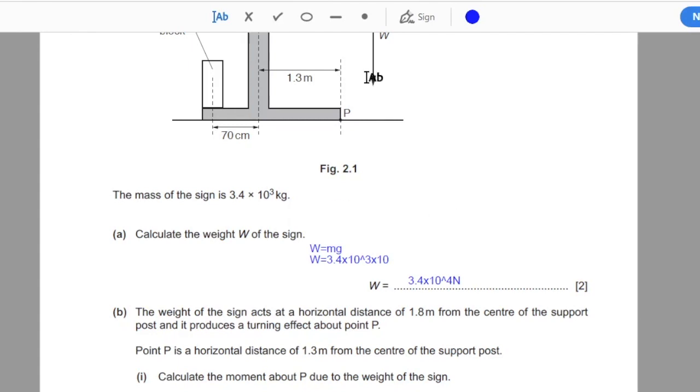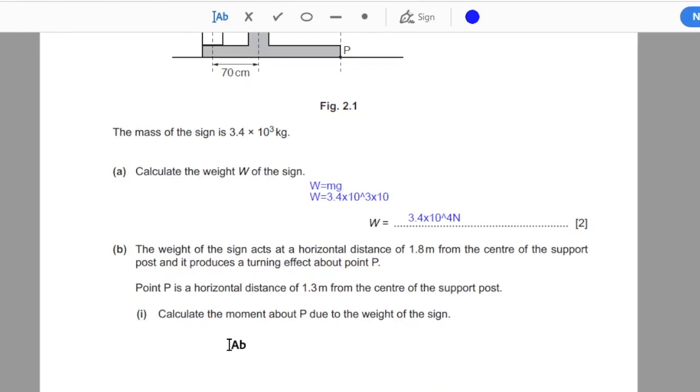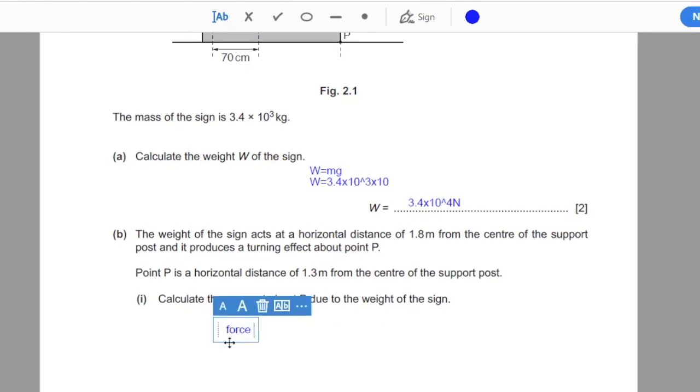So you have to take the perpendicular distance between the point W and point P. So their distance is 1.8 meters minus 1.3 meters, which is 0.5 meters. So the formula for moment is force multiplied by perpendicular distance.